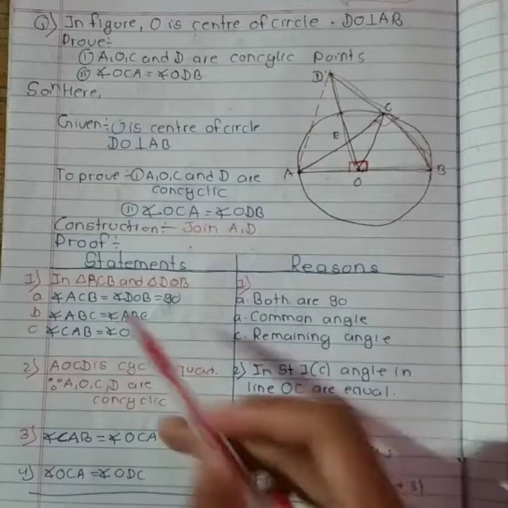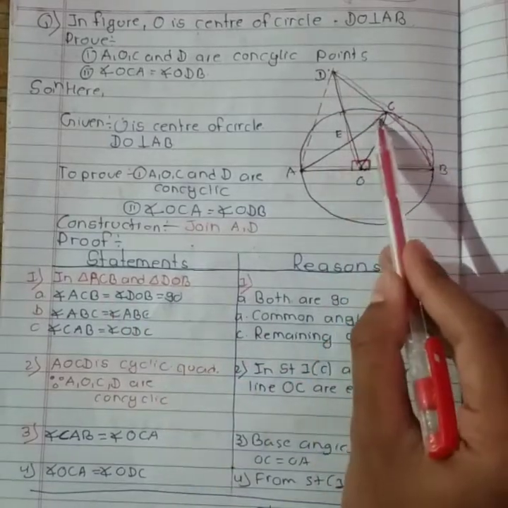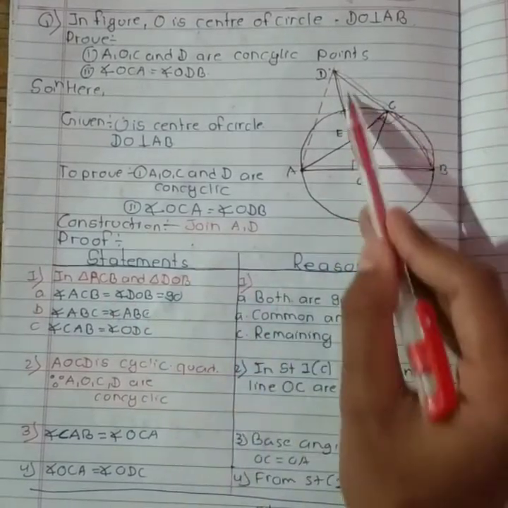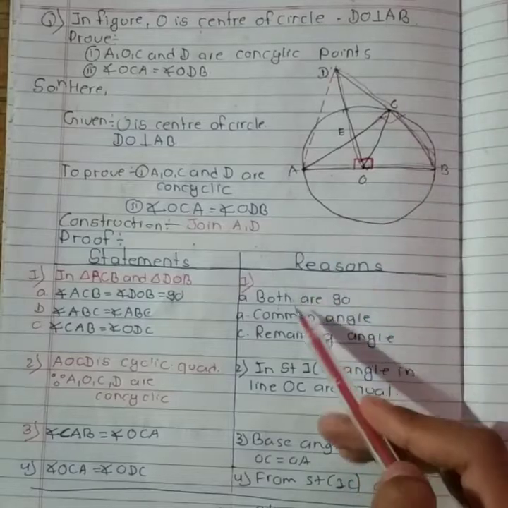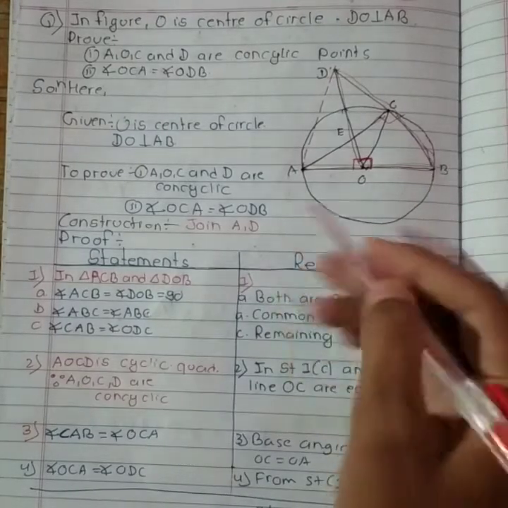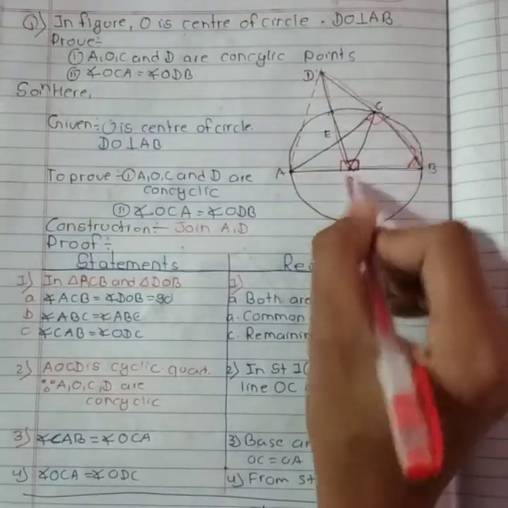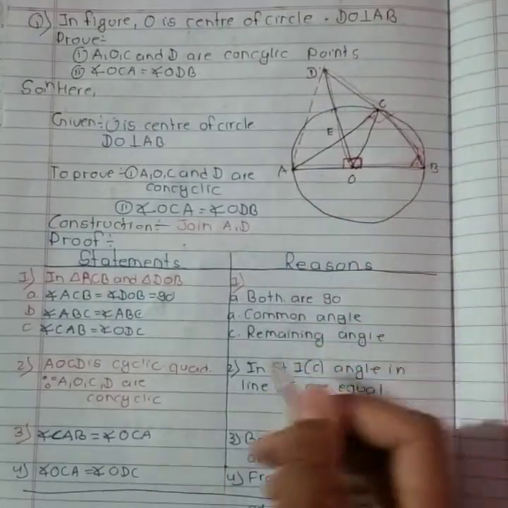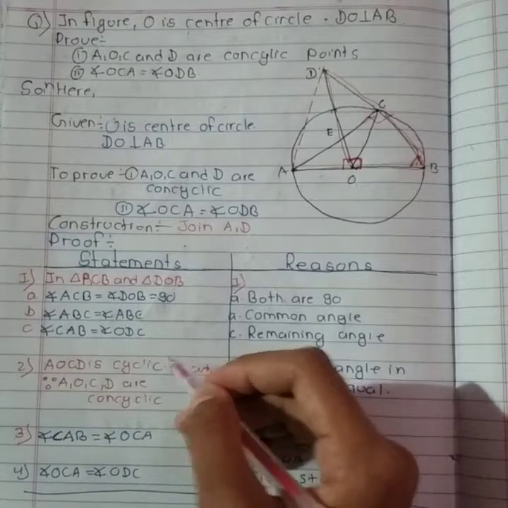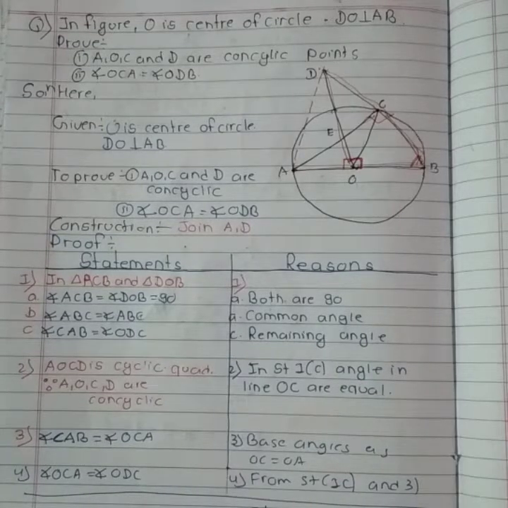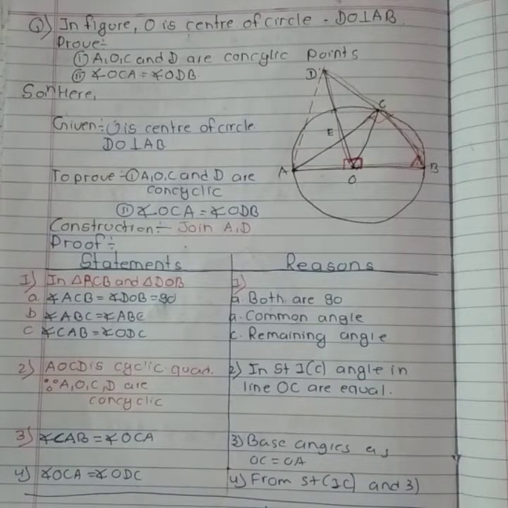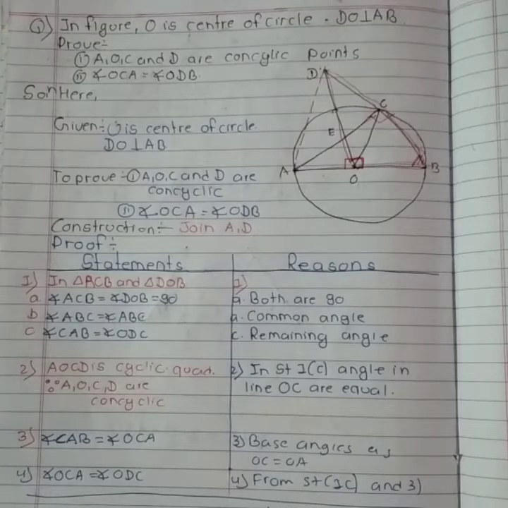That's why 90 and 90 are equal. The same thing is written in ACB: angle ACB is 90 degrees, equal to angle DOB, which is given in the question. Both are 90 degrees, and this angle B is common to both triangles ACB and DOB. When two angles of triangles are equal, the third angle automatically becomes equal, because the sum of the three angles of a triangle is 180.